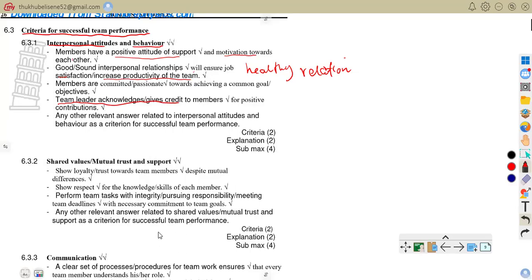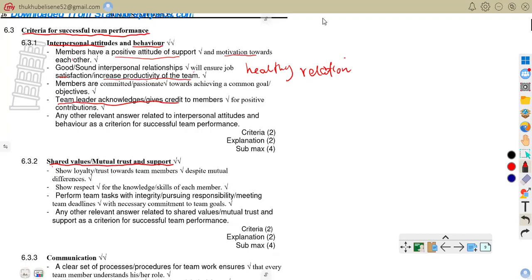So another criterion for successful team performance is shared values and mutual trust and support. Show loyalty or trust towards team members despite mutual differences.